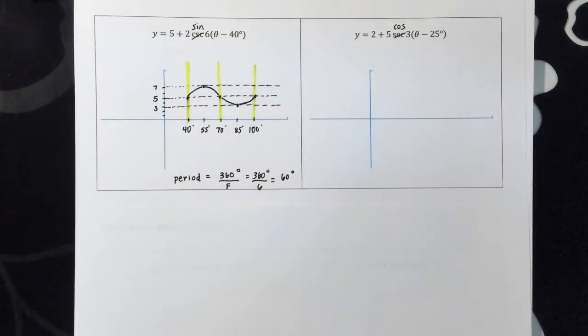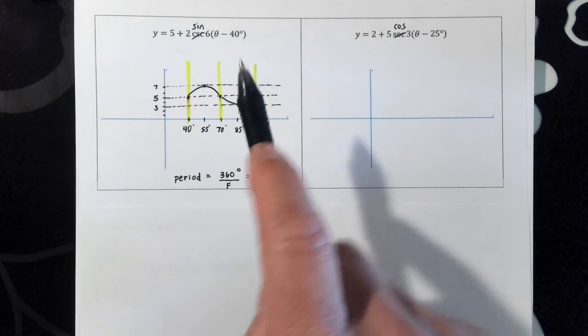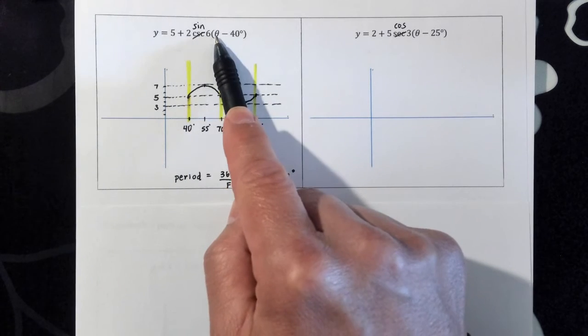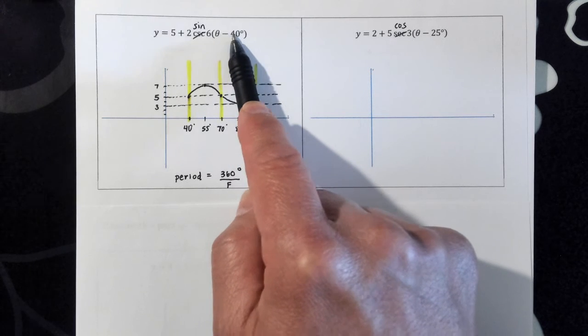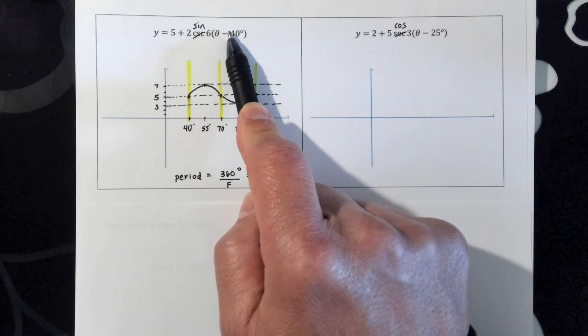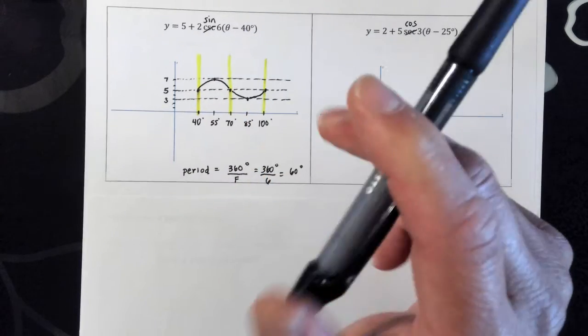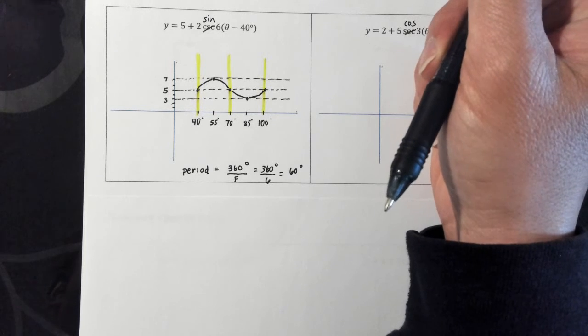Okay, and mathematically, why do you get vertical asymptotes there? It's because if you plug in the 40 here, you get 40 minus 40, which is 0. 6 times 0, which is 0. Sine of 0 is undefined. No, it's not.